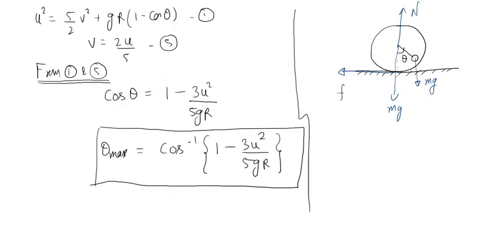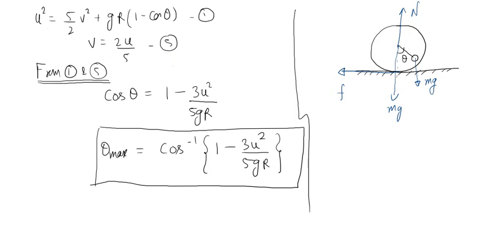So now I have two relationships between v and theta. One is equation number 1, which I got using mechanical energy conservation, and second is this equation which says v is equal to 2u by 5. Using these two equations I can easily solve this particular problem for theta.